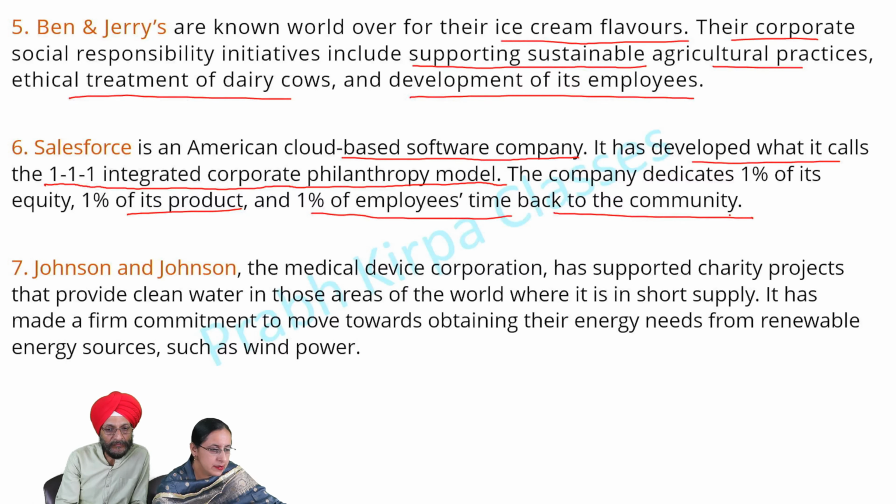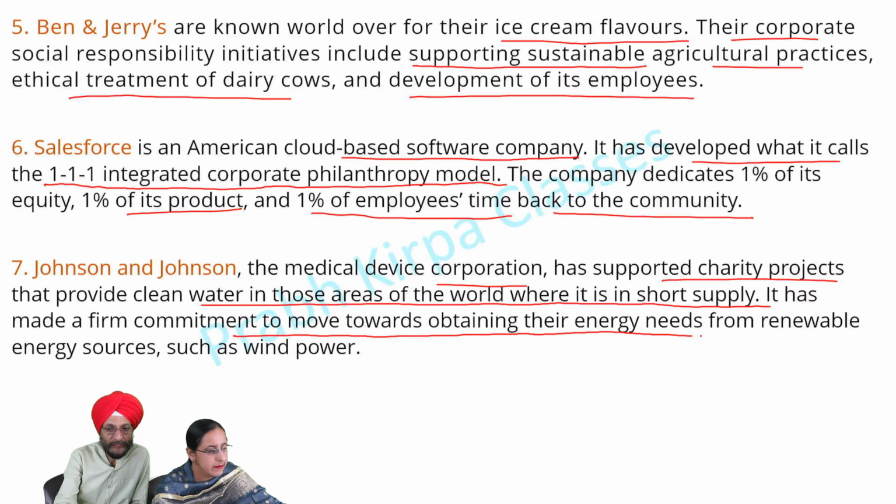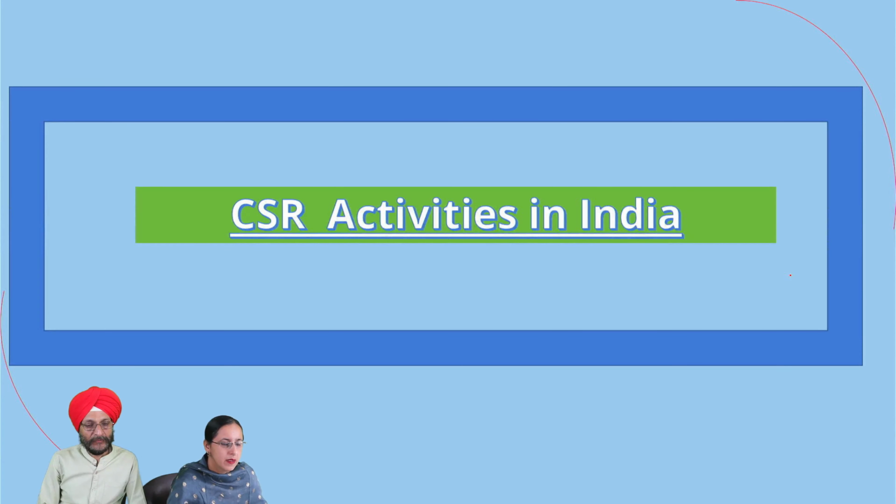Seven, Johnson and Johnson, the medical device corporation, has supported charity projects that provide clean water in those areas of the world where it is in short supply. It has made a firm commitment to move towards obtaining their energy needs from renewable energy sources such as wind power.